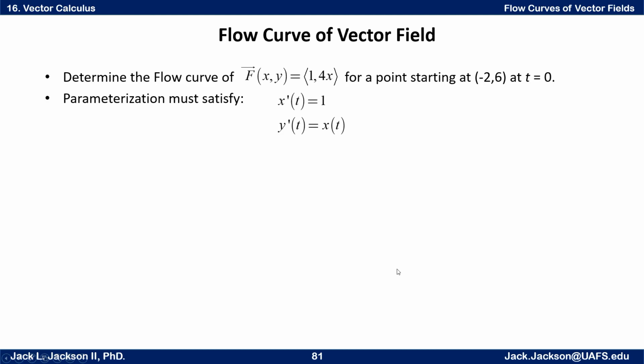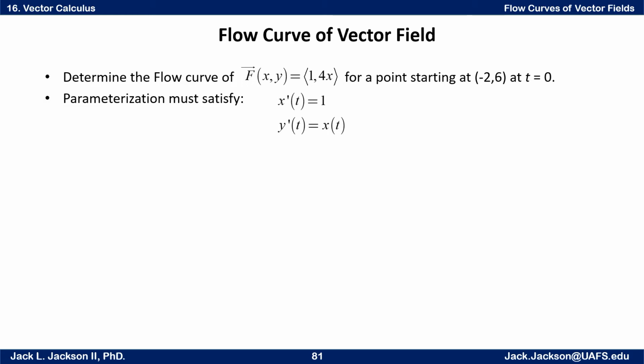So let's take a look at a specific example here, a little bit simpler than say the flow curves in the ocean. We're going to determine the flow curve for a given vector field, 1, 4x, which is our original function. Remember, that is a vector field.